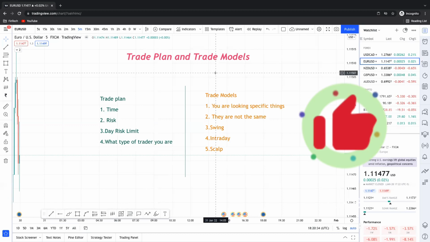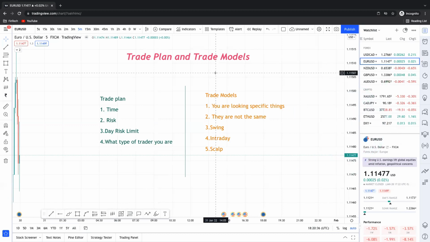So here we are educating the people who cannot afford the hefty fees of 1,000 or 2,000 euros, but they are willing to put in time and effort. They're just missing the knowledge. So here I am sharing this.